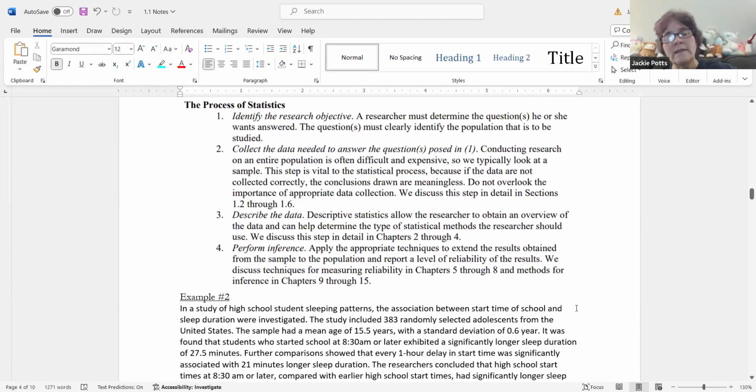All right. Identify the research object. Well, what is a research object? The research object is like, what do we want? What is the question that we want answered? So a research object is, what am I curious about?